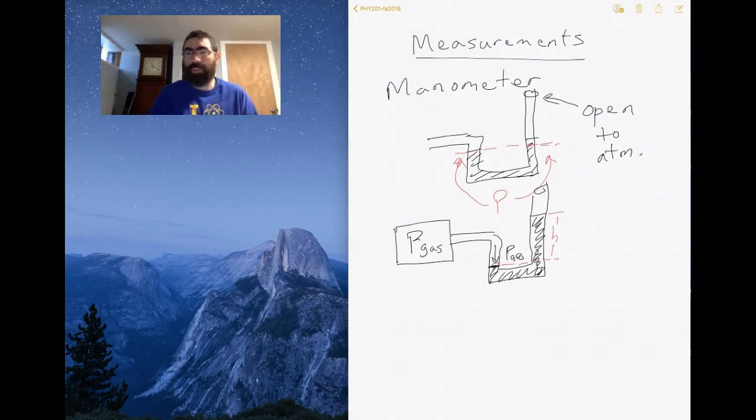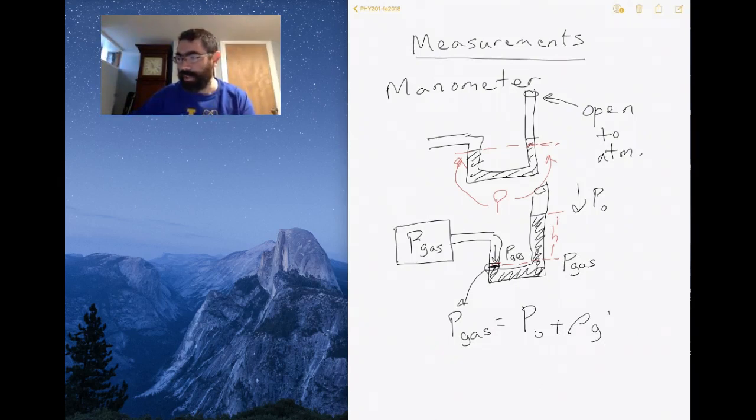Now we can use our equation to figure out what the pressure of the gas is. If I look at this side, the pressure in the gas is equal to the pressure over here at some depth. That pressure of the gas is the same right there. And so that's going to be the atmospheric pressure pushing down plus the density of the fluid times g times the height h that the fluid was displaced by.